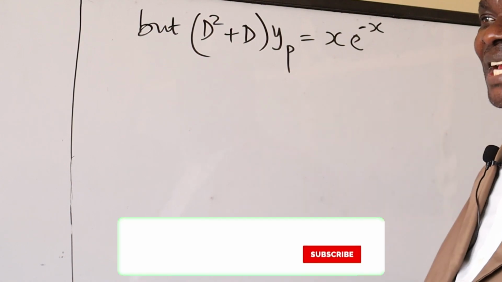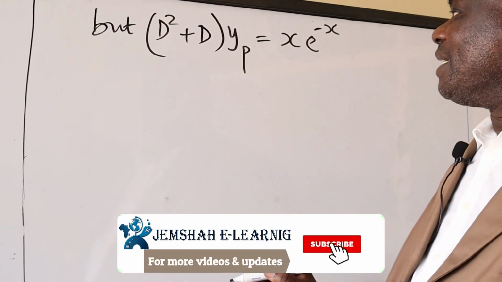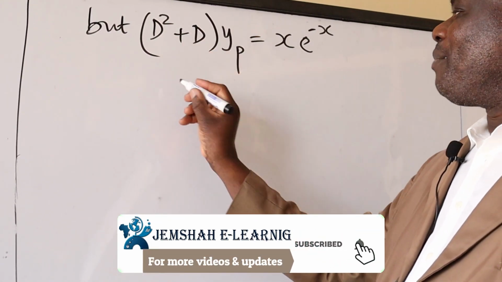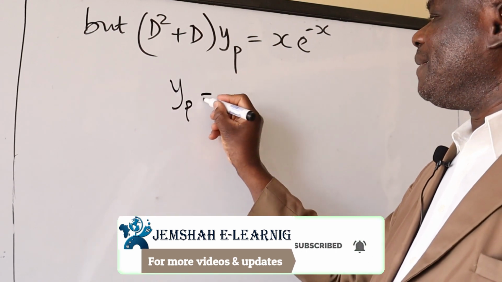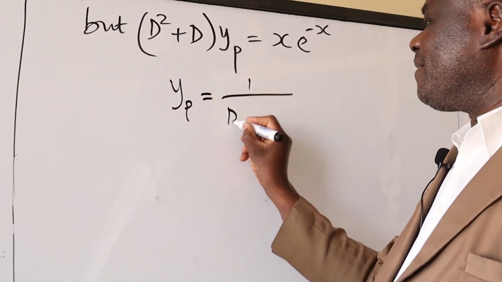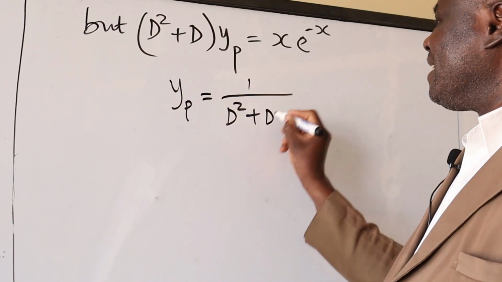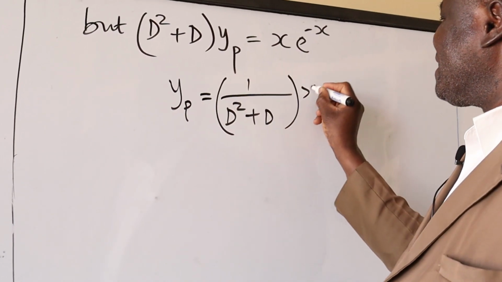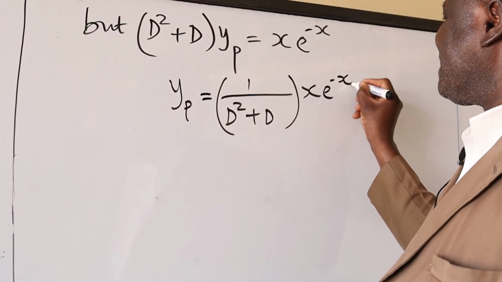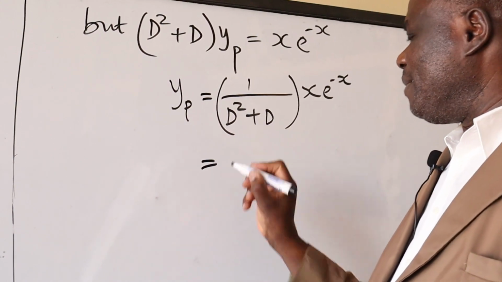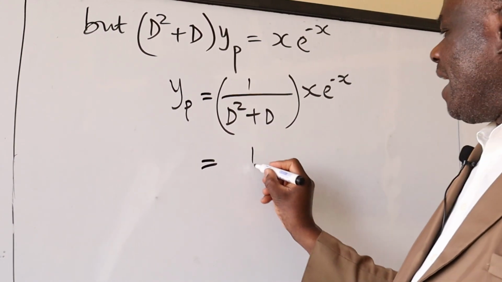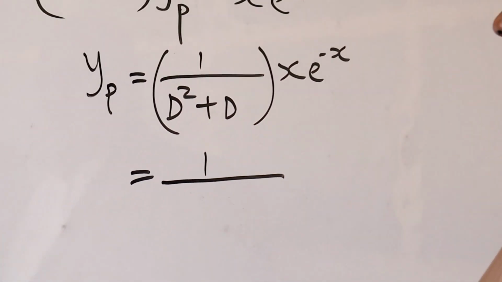So if that is the case, yp will be equal to 1 all over D squared plus D acting on x exponential negative x, which will be equal to 1 all over.